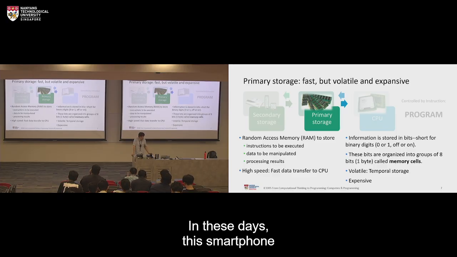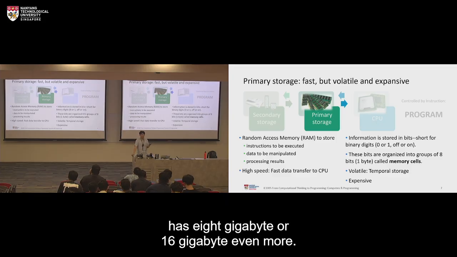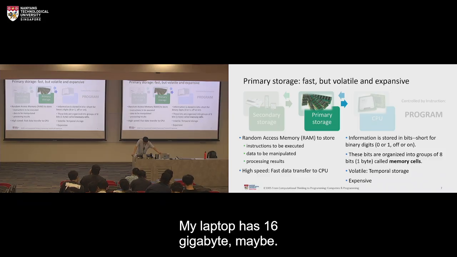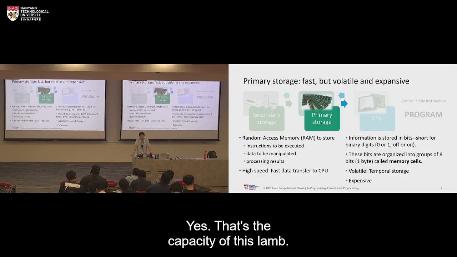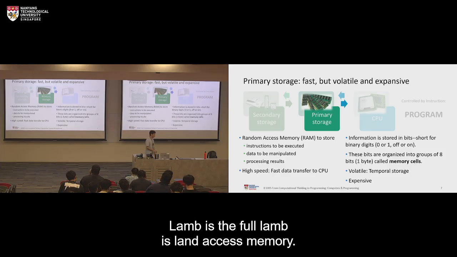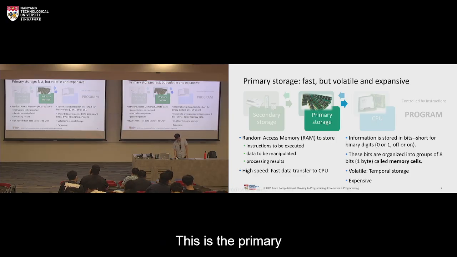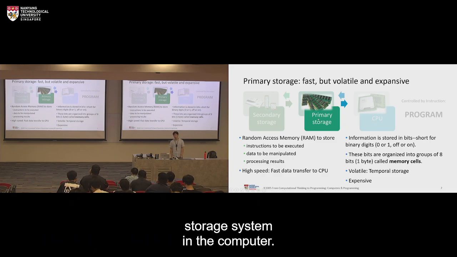These days, a smartphone has 8 gigabytes or 16 gigabytes, even more. And my laptop has 16 gigabytes maybe. Yes, that's the capacity of this RAM. RAM's full name is random access memory. This is the primary storage system in the computer.